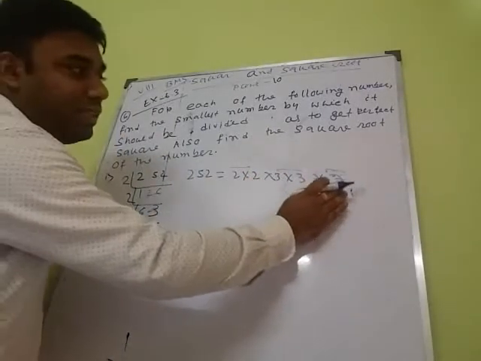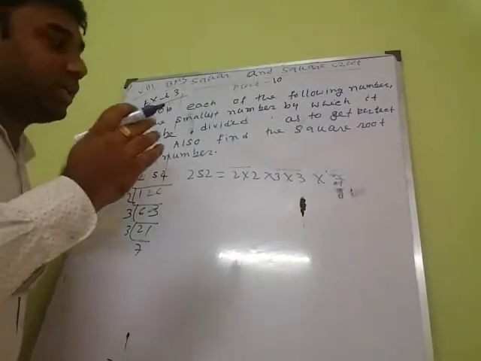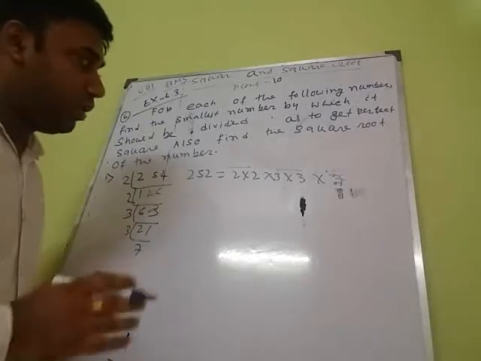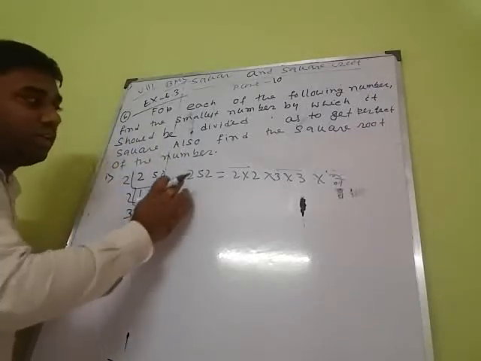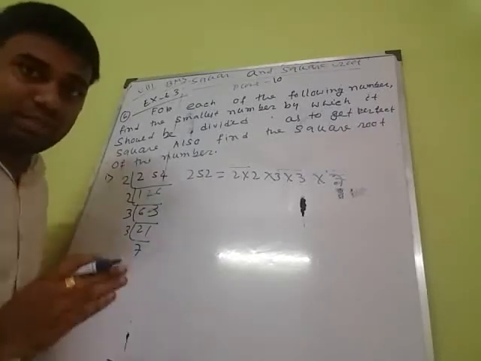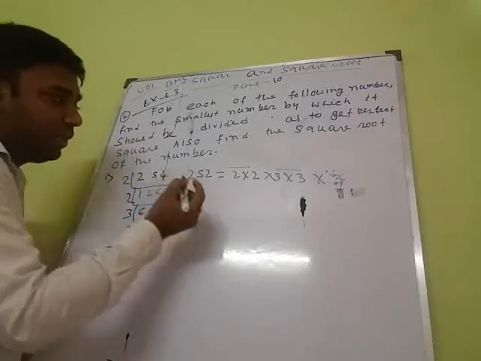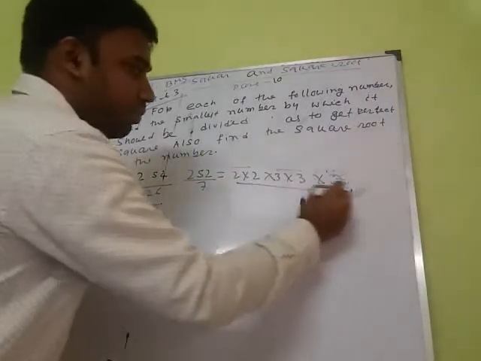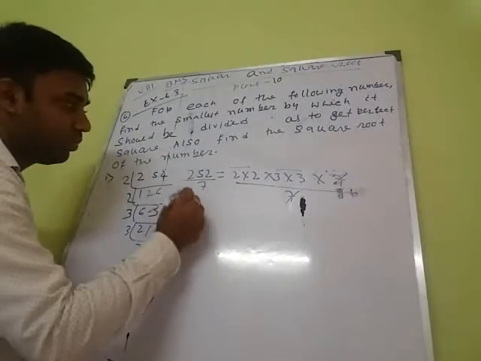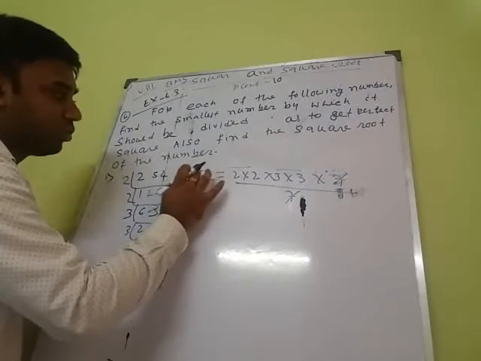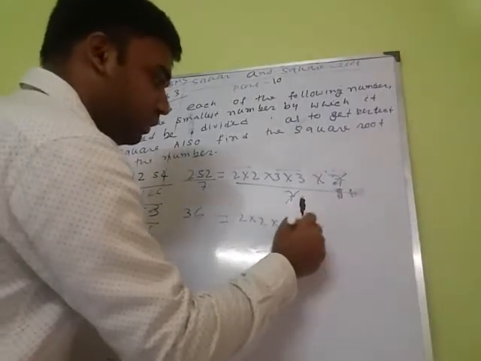So 7 is the single number which does not have any pair and cannot form a pair. If you divide 252 by 7, then it becomes 36, which is 2 into 2 into 3 into 3.